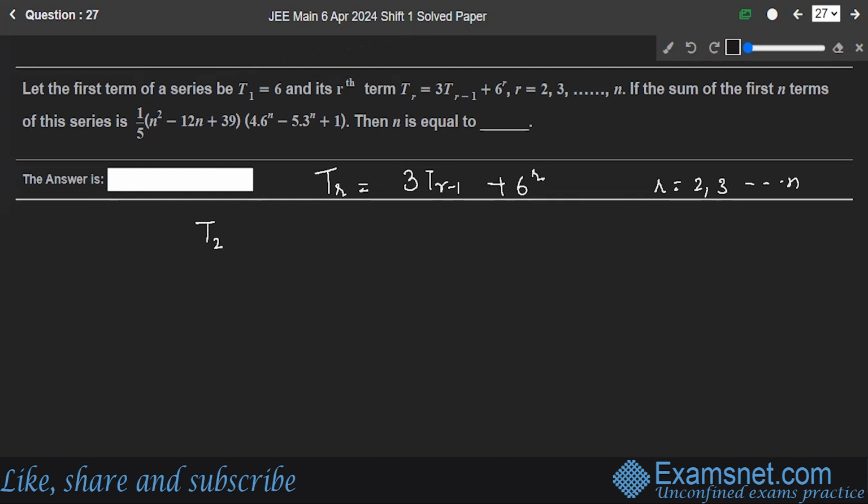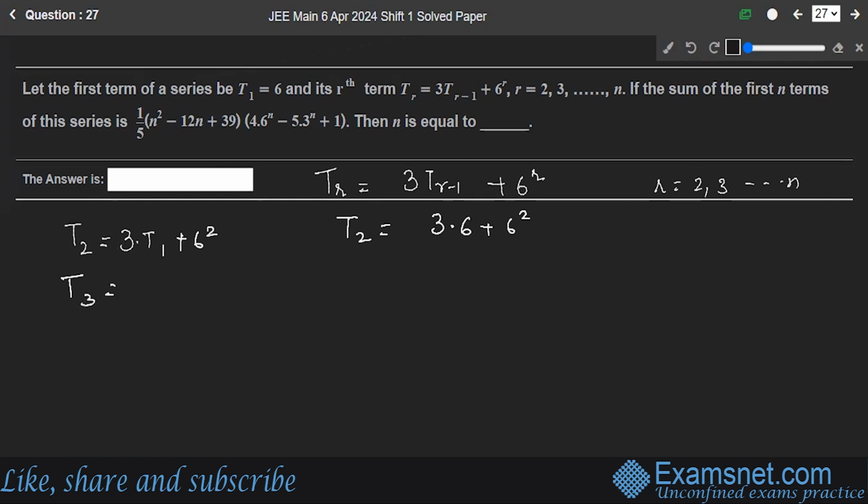So you have T2 is equal to 3 into T1 plus 6 square, or T2 can be written as 3 into 6 plus 6 square.